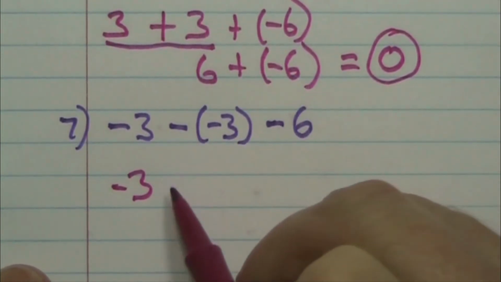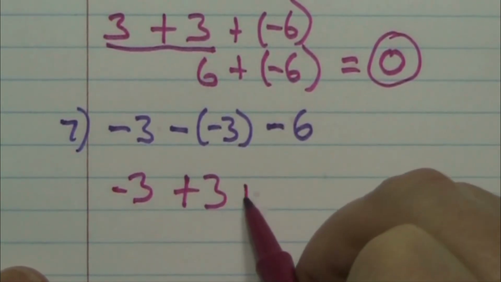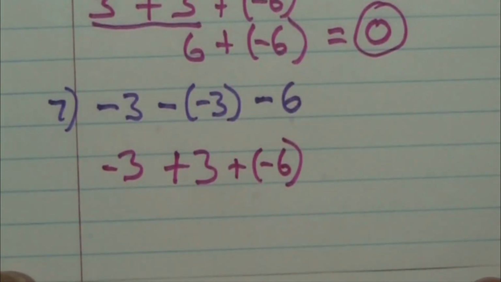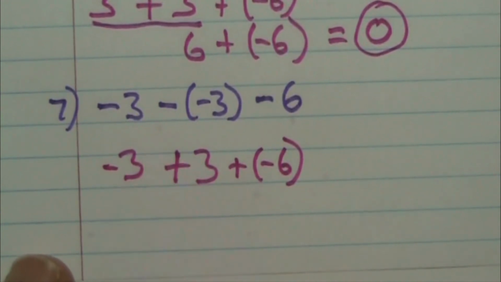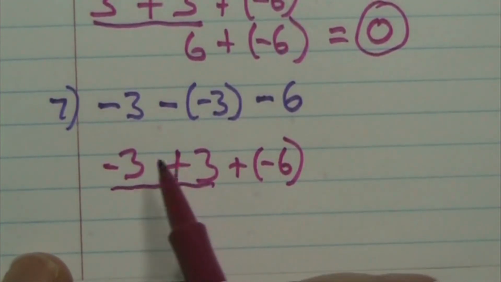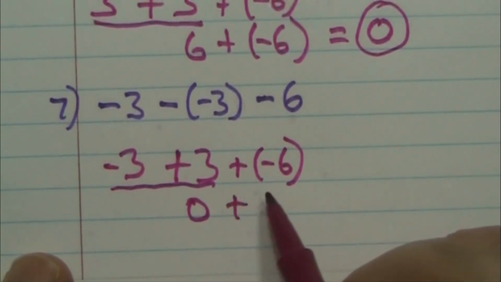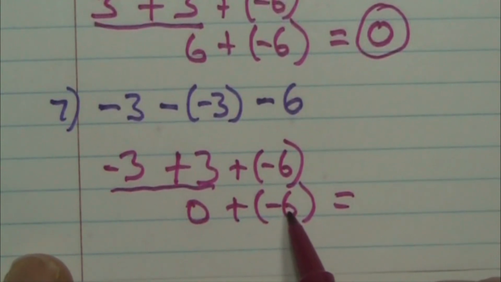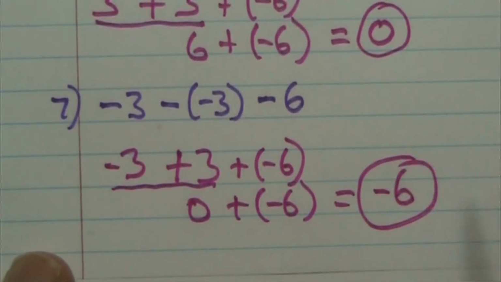Plus 3. And then a negative 6. I'll put and negative 6. Okay, hopefully you can see that these two make 0, right? Negative 3 and 3, that's 0. And 0 and 6 negatives is just 6 negatives.